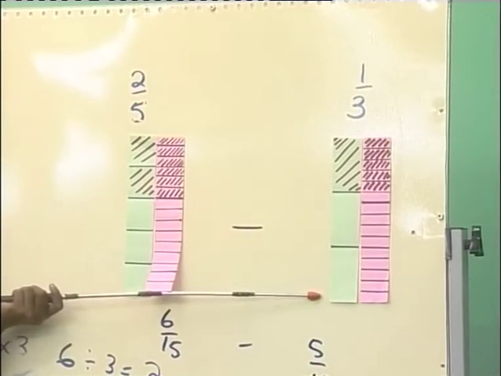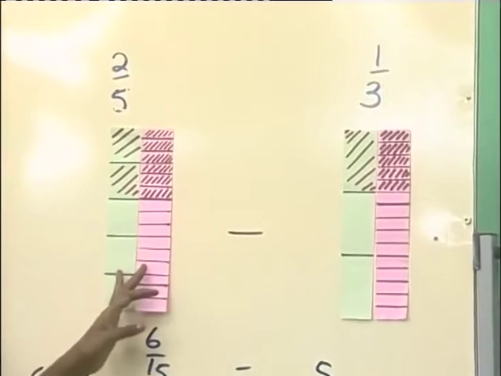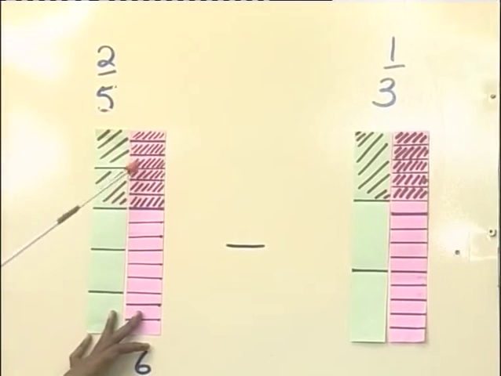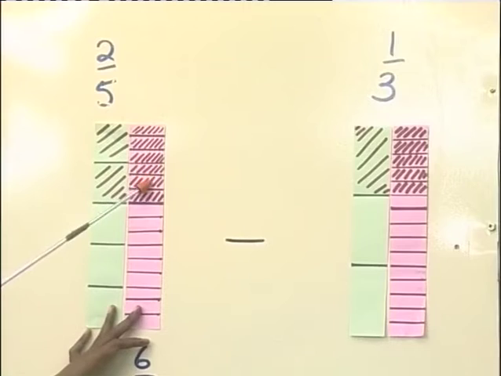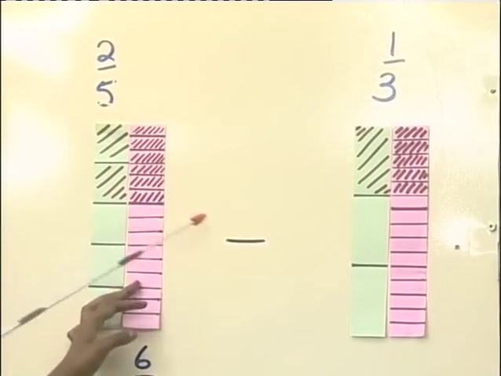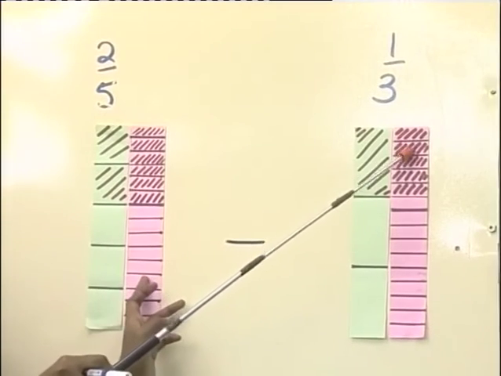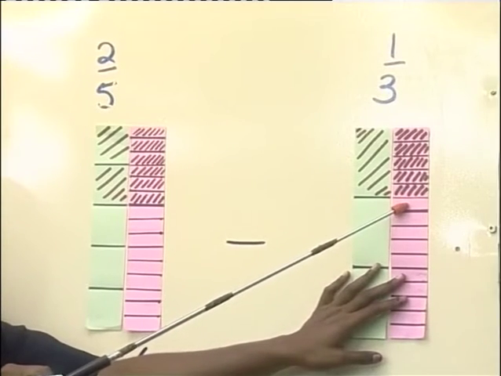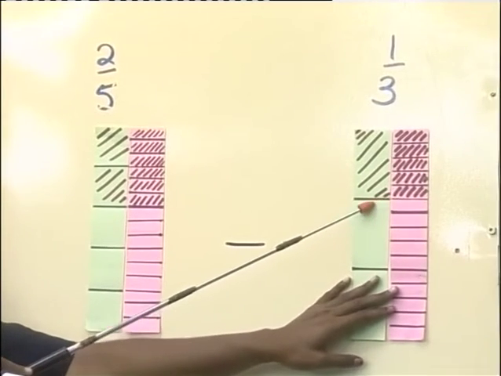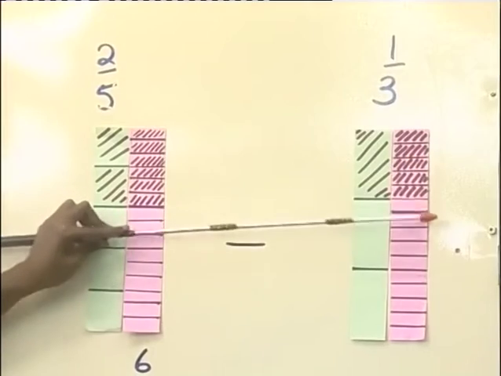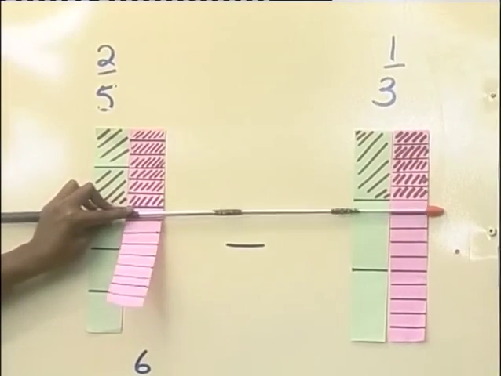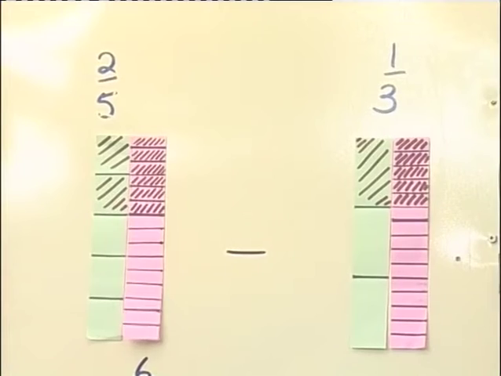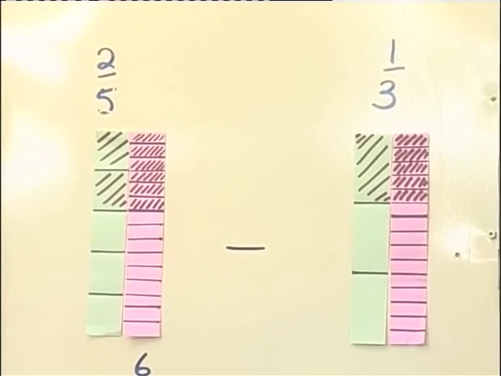So our answer is 1/15. Or in other words, if you look at your strip, your equal parts, 1, 2, 3, 4, 5, 6. 6 take away 1, 2, 3, 4, 5. You are left with 1/15. You put this in line here, you are left with 1/15.